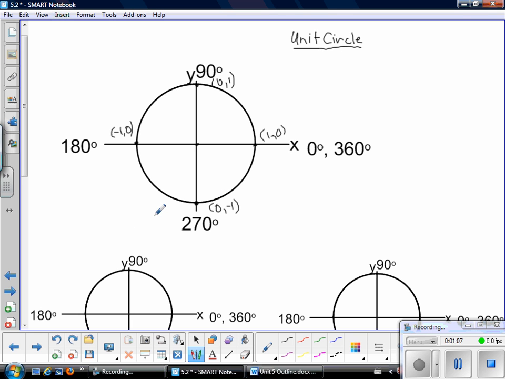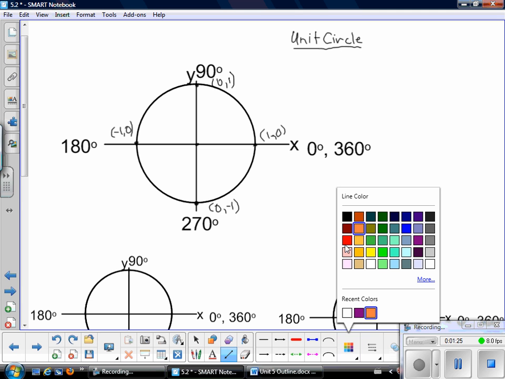Now, what we're going to do here is redefine the angles, how we think of them. So far we talked about coterminal angles, and I think you understood that, hopefully. Now I'm going to start with my unit circle, and I'm going to make a right-angled triangle eventually.